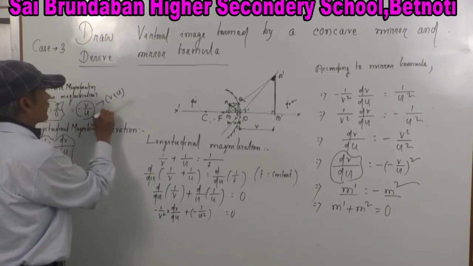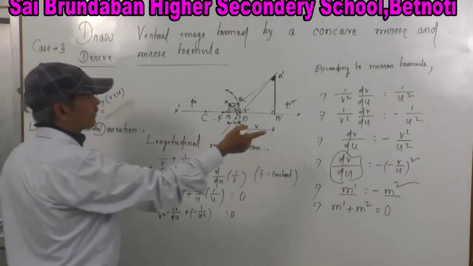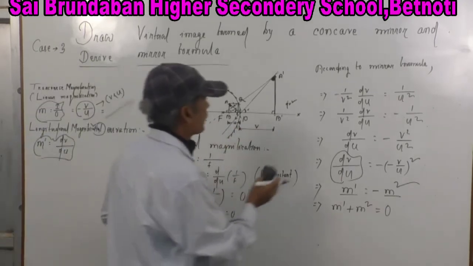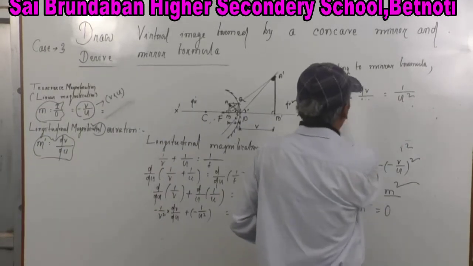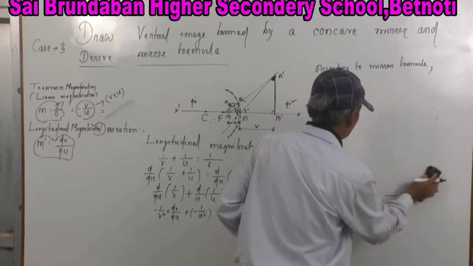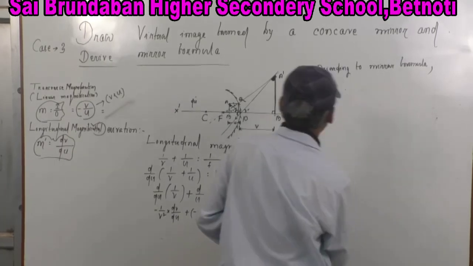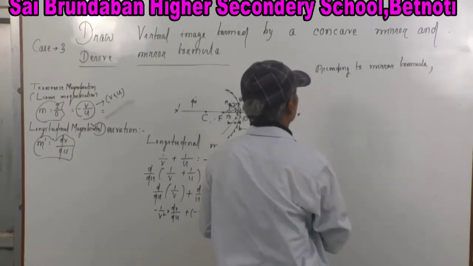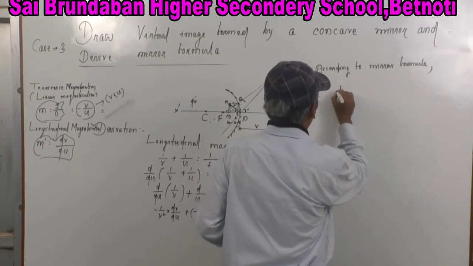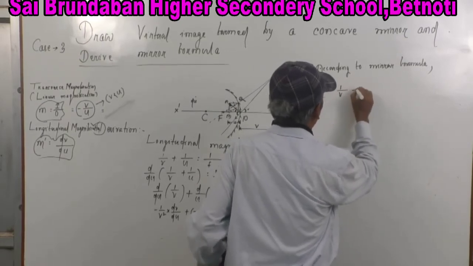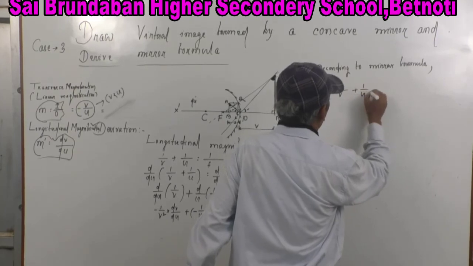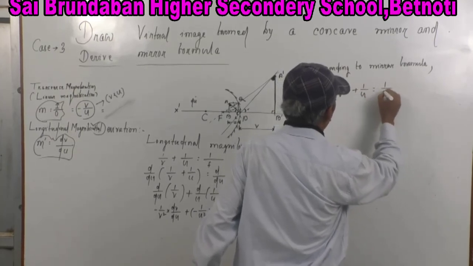Similarly, by using the mirror equation, 1 by v plus 1 by u is equal to 1 by f.